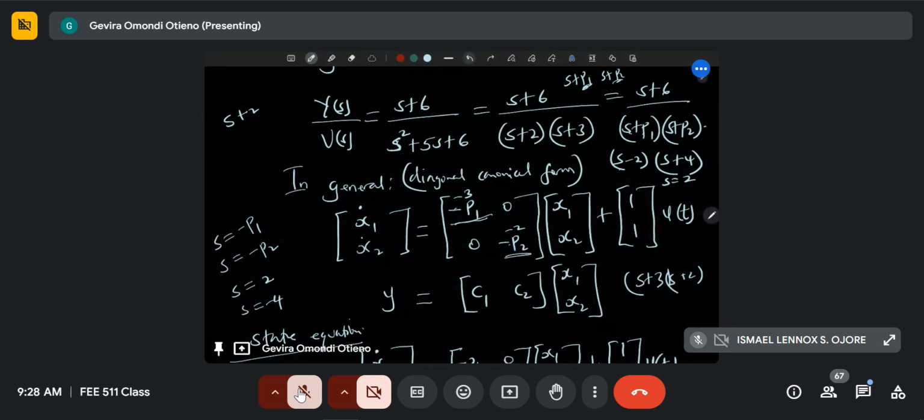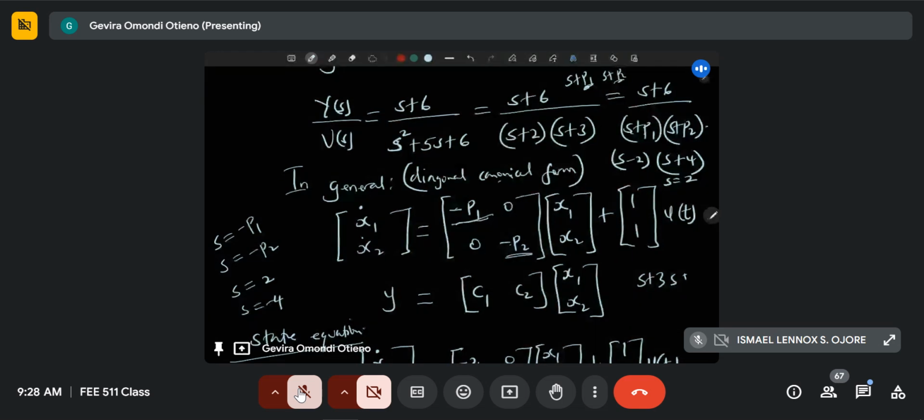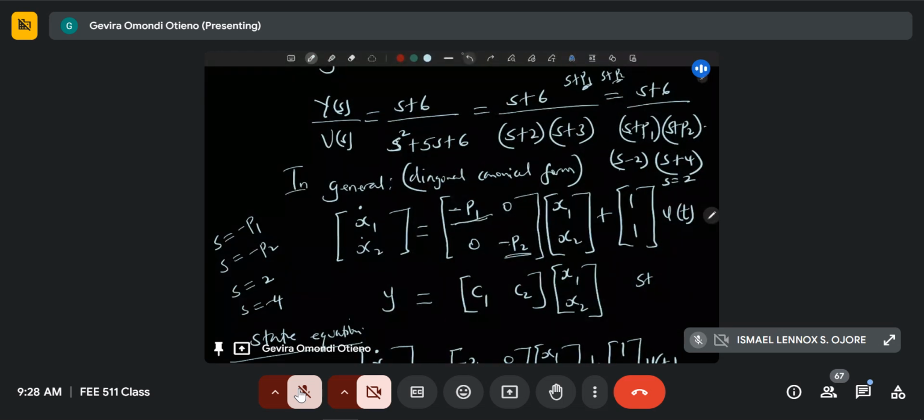That's why it's called diagonal canonical form. Somebody observing diagonal canonical form can see that the leading diagonal of the state matrix contains the locations of all the poles of your system. That is what is expected of you.